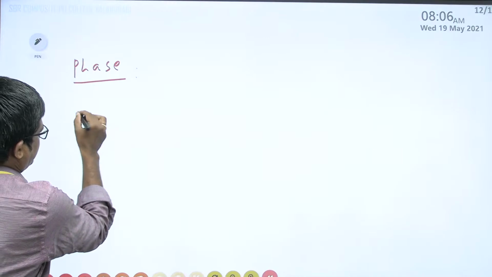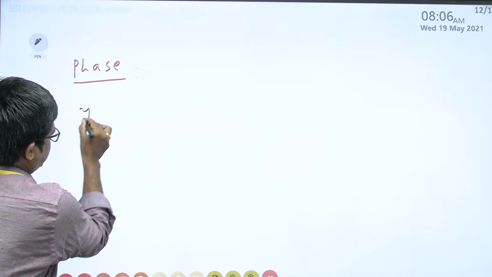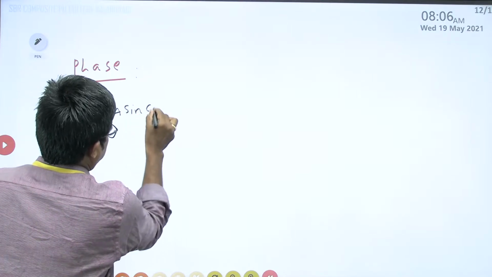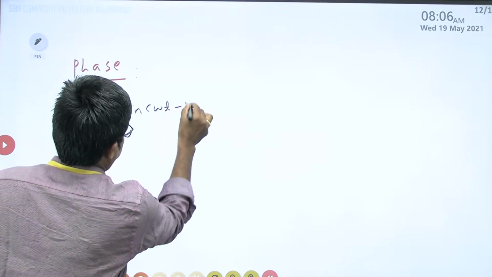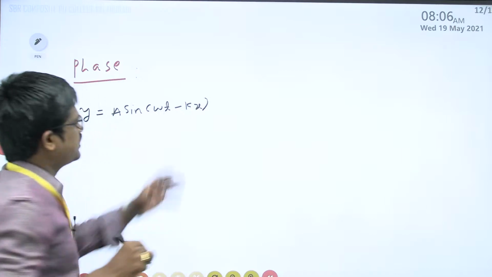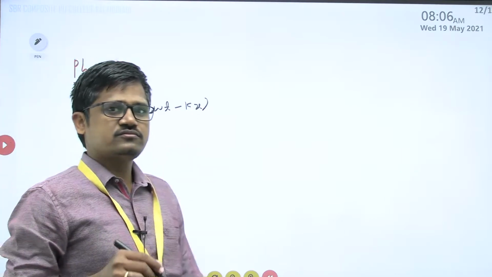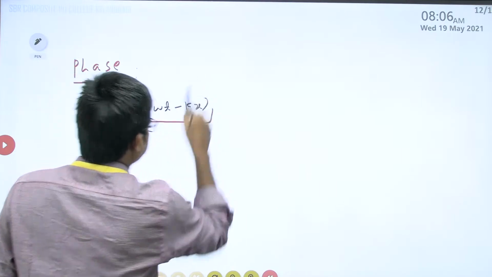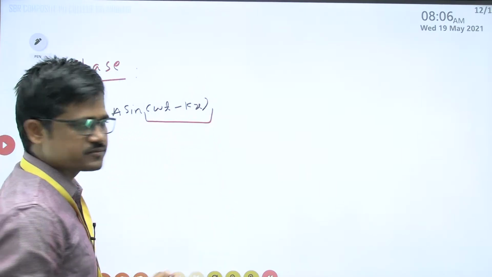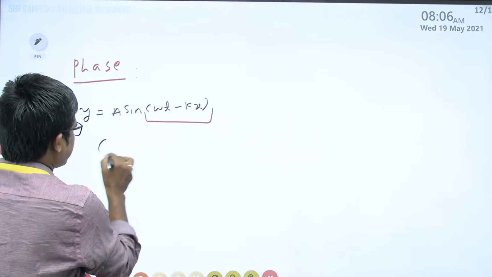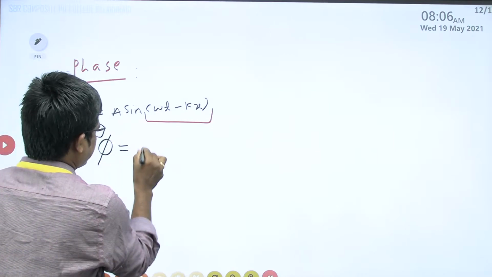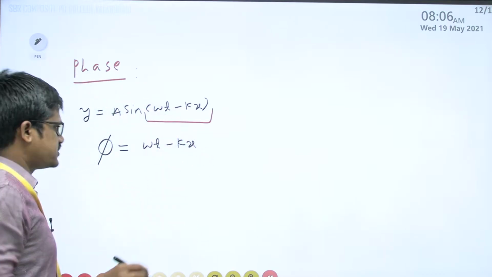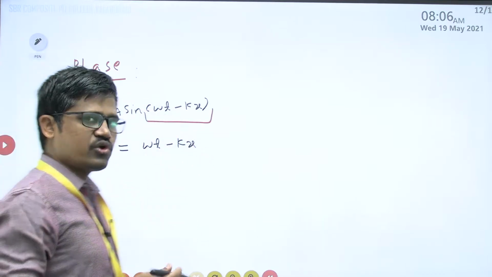We know this progressive wave equation, a sin(omega t minus kx). I'll take the initial phase as 0, right? Okay. This term we call phase. Here phase we write as omega t minus kx. This is phase. Then what do you mean by phase?